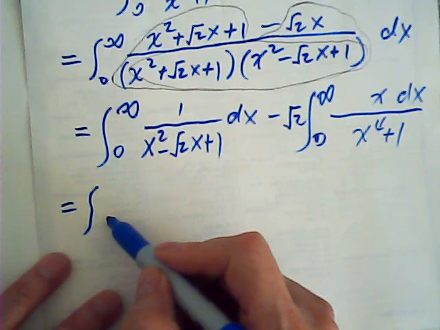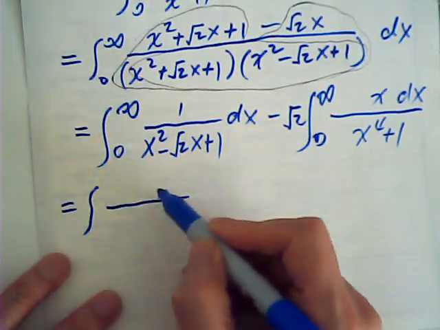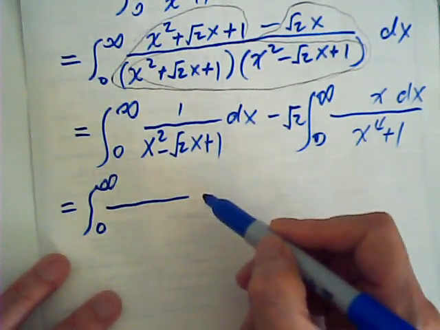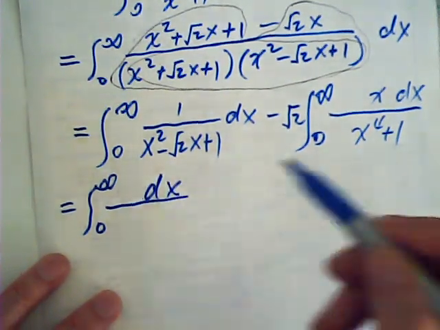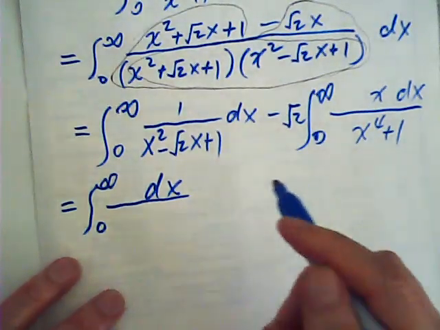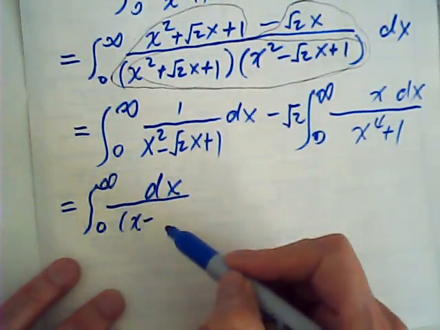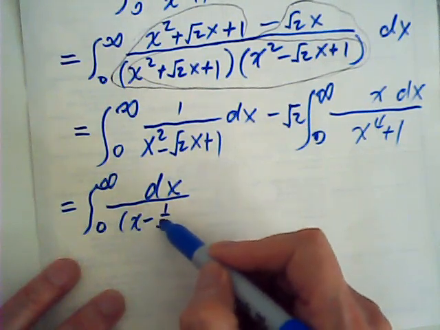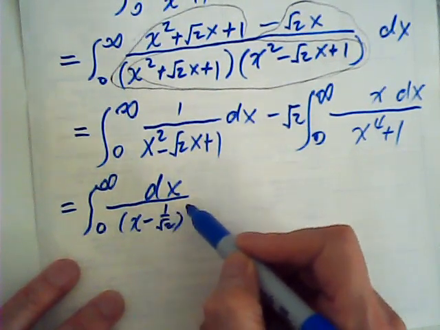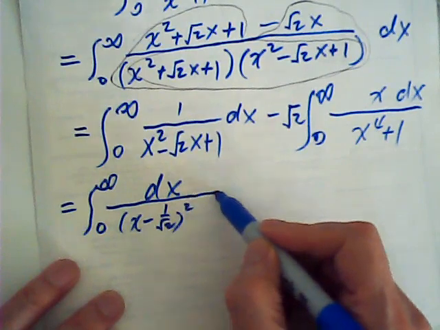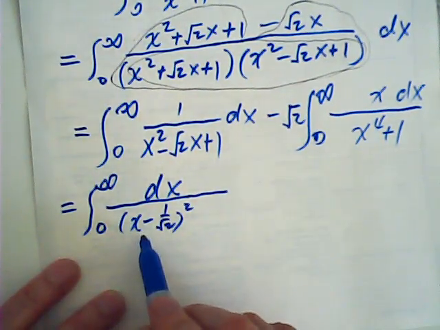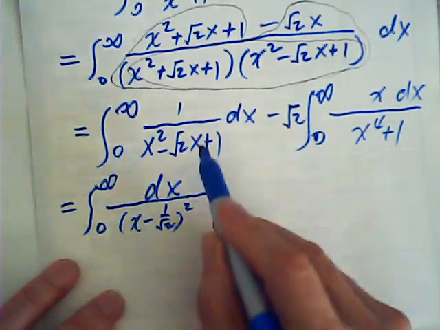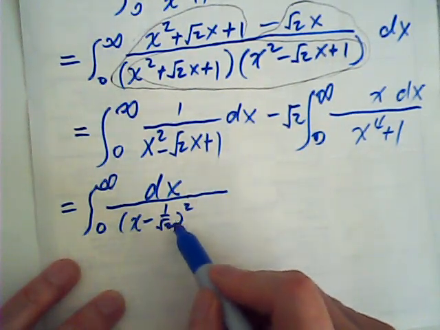Okay, here this is 0 to infinity, dx, well, x minus 1 over root 2, squared, that will be x squared minus root 2x plus 1 over 2.